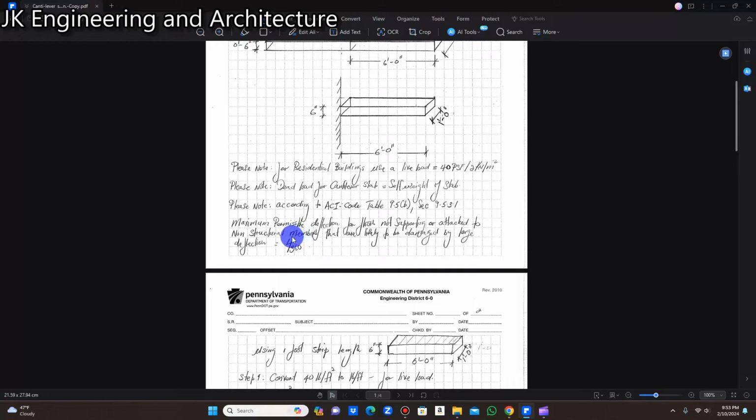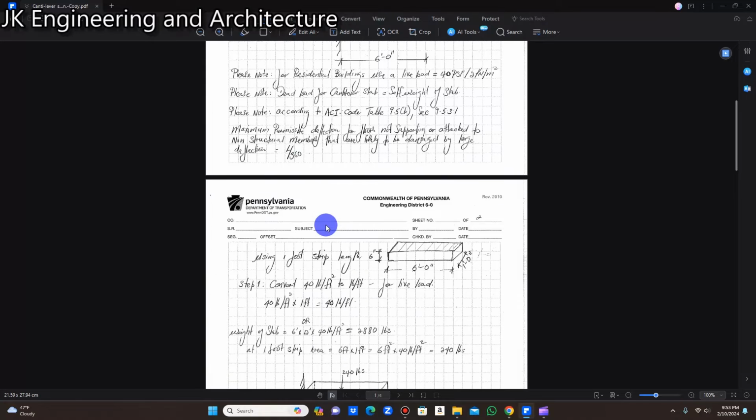That means the length of the cantilever slab, the amount of projection, divided by 360. So at no given time should your deflection exceed this value of length divided by 360.